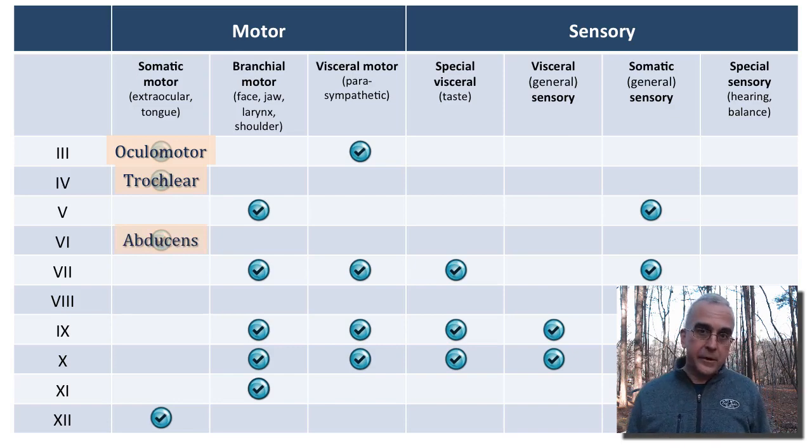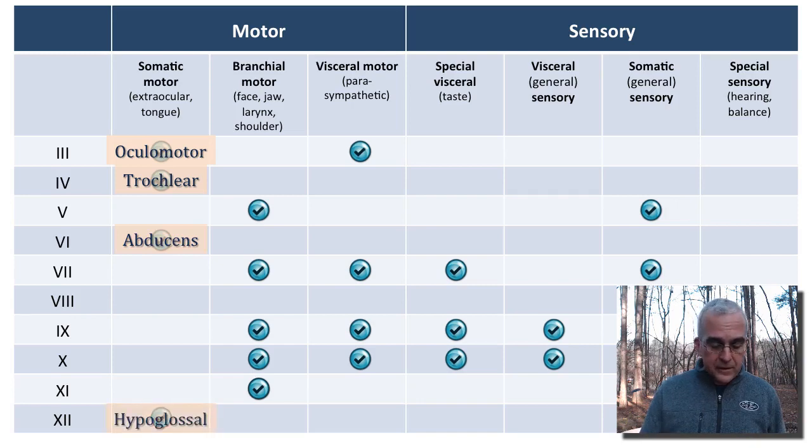It's the abducens nucleus. And then the final somatic motor nucleus, the 4th of that first group, is down in the upper part of the medulla, associated with the roots of the 12th nerve, and it is called the hypoglossal nucleus. So there's our first group. There's our first 4 nuclei associated with somatic motor control.